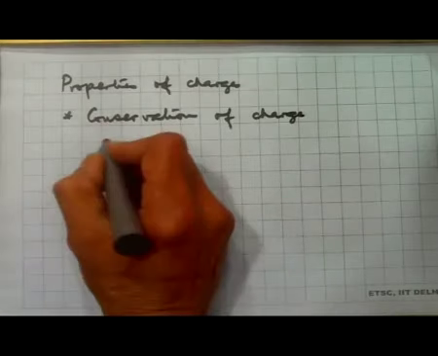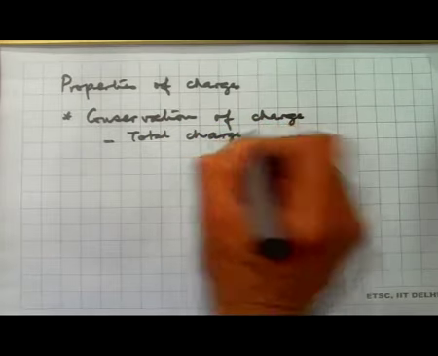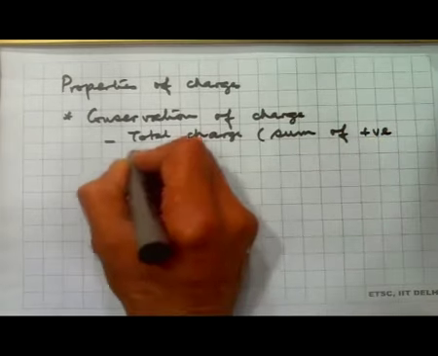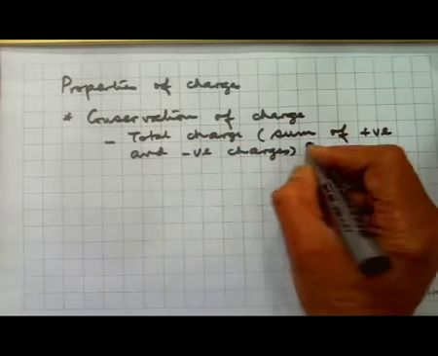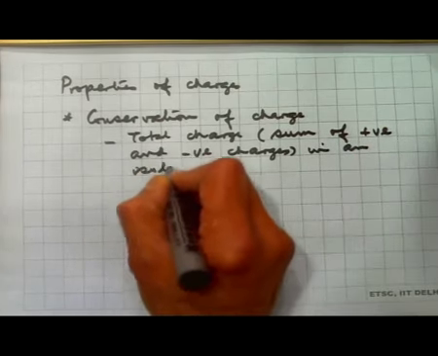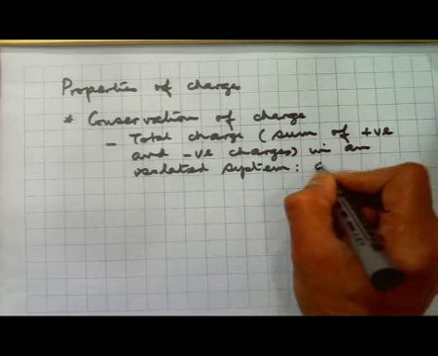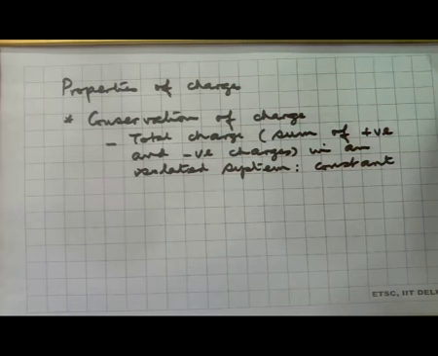What this implies is that the total charge, which is the sum of positive and negative charges, in an isolated system is constant. So, isolated means you do not allow any charge to enter from outside, it is completely isolated. So, the total charge of this isolated system is a constant.